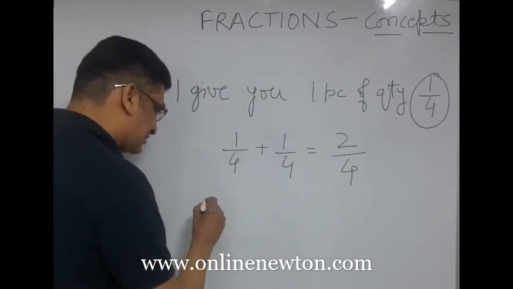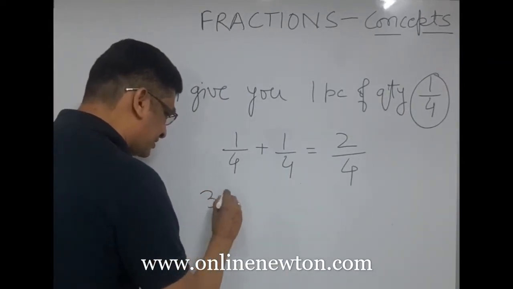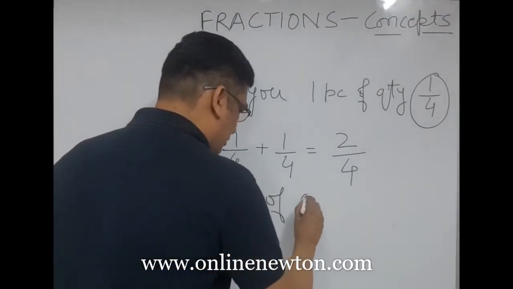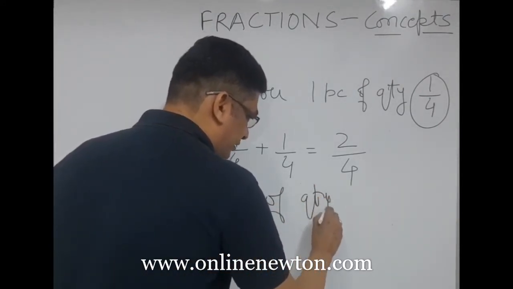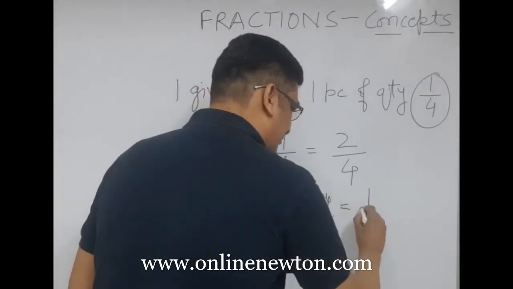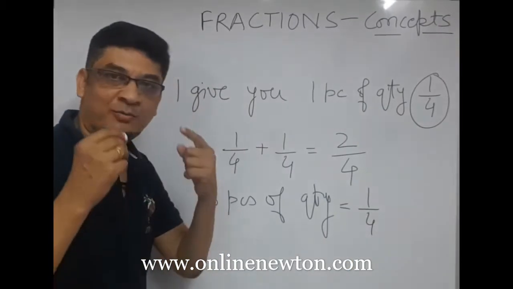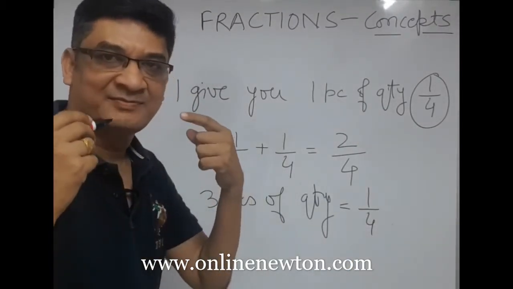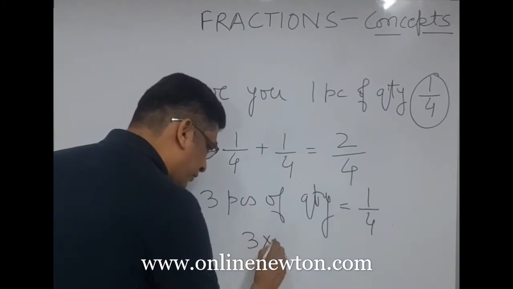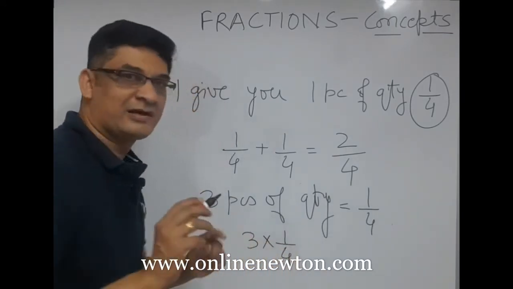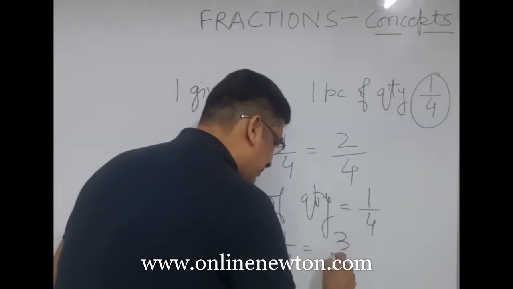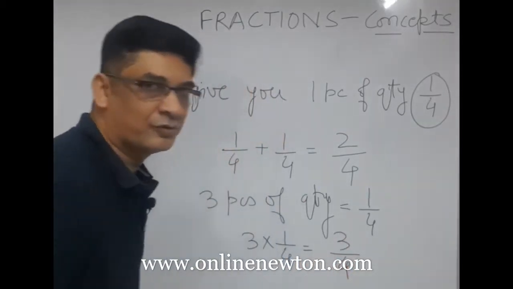Now she has 3 pieces, and the quantity of each part is 1 by 4. So now how much quantity of the apple has been given to her? 3 into 1 by 4 we have already given to her. So this total is 3 by 4.